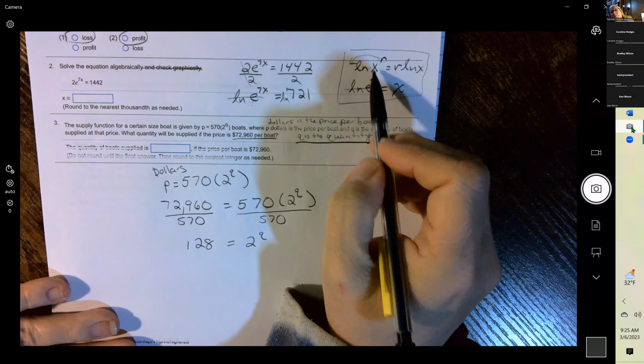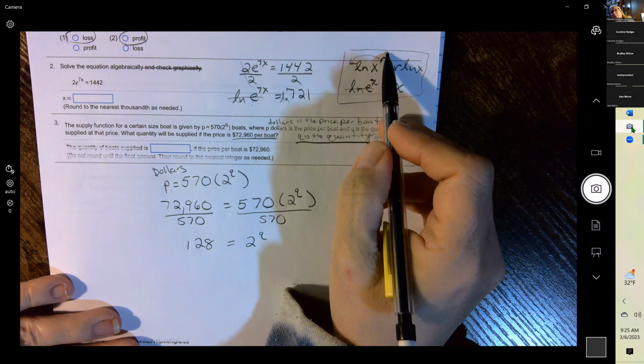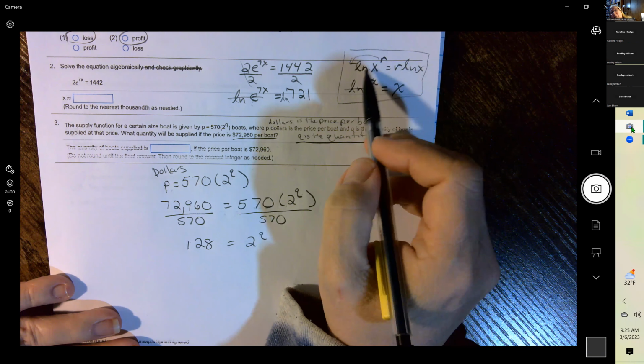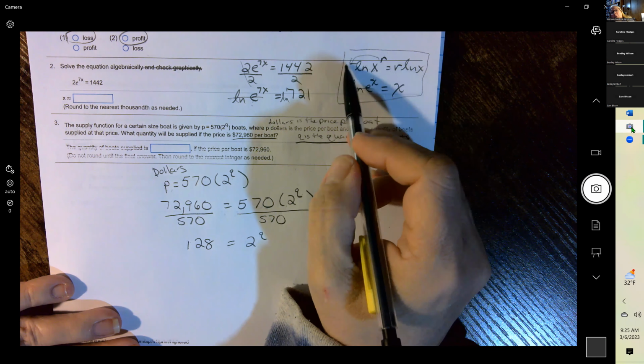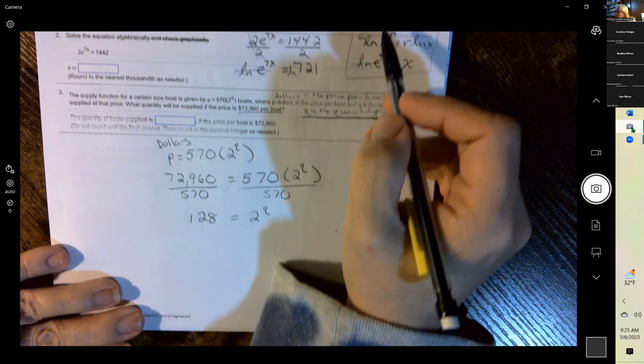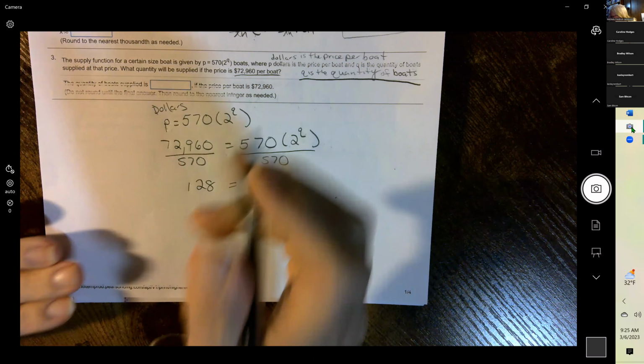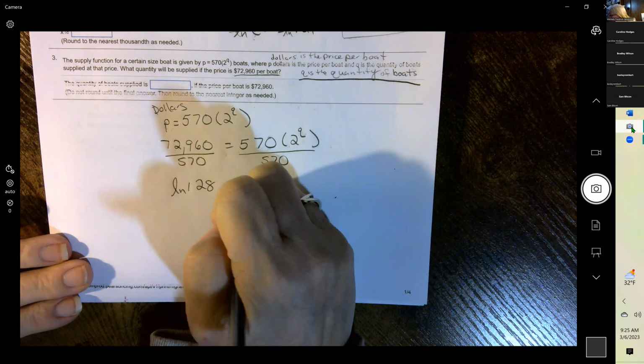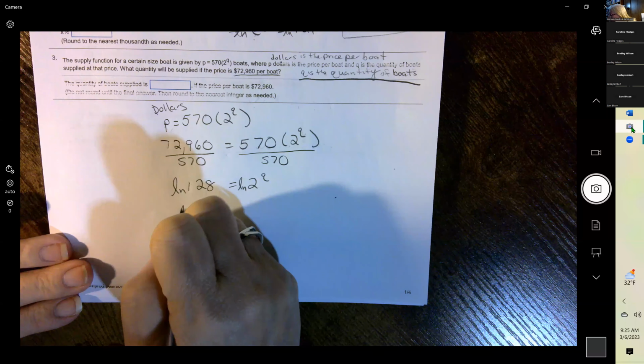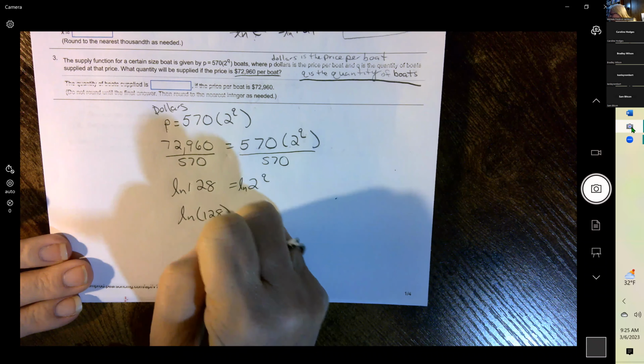This one, we have 2 to a variable. So if we take the natural log, we can bring that variable down. Any questions so far? Okay, so if we take the natural log of both sides, we have the natural log of 128.